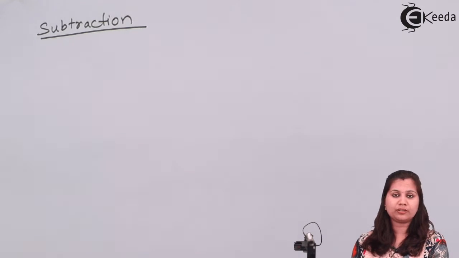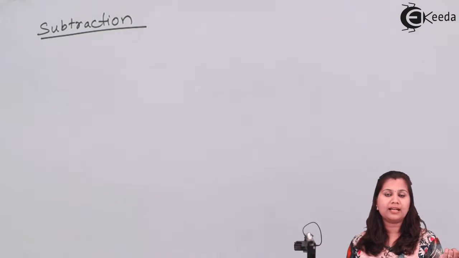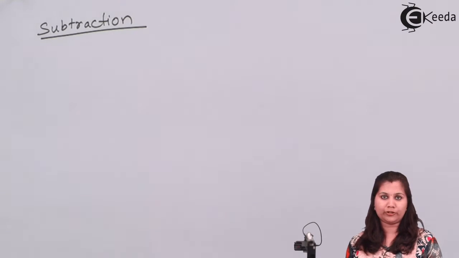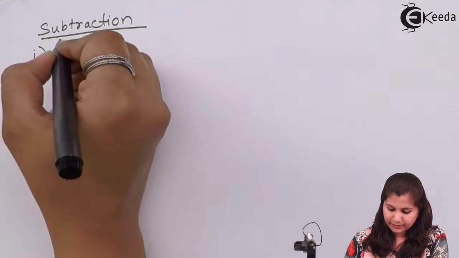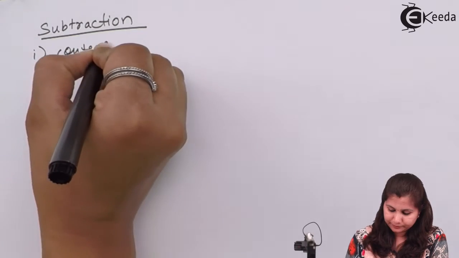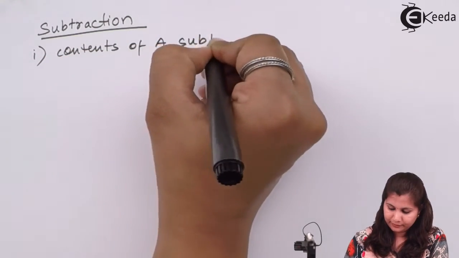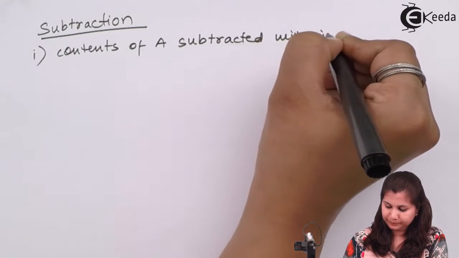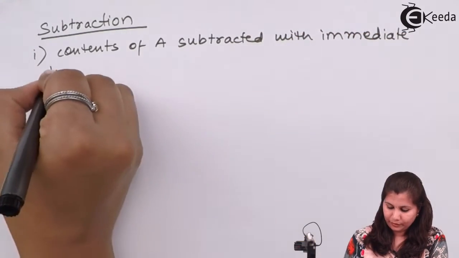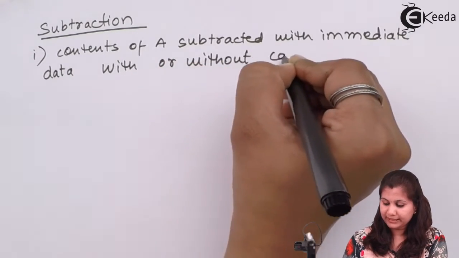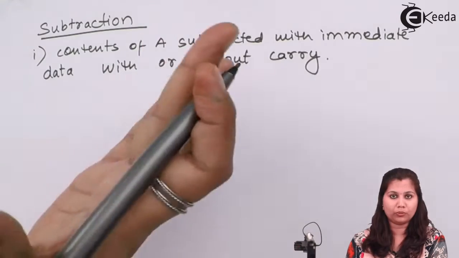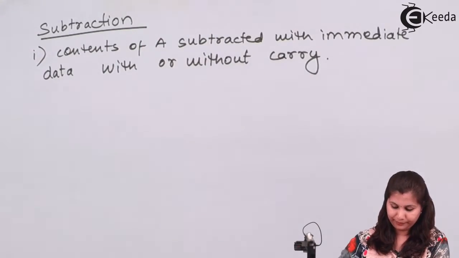Now in subtraction, one operand will be in the accumulator and another operand will be either an immediate data, or a register, or a memory location, just like the addition. First we will have contents of A. Again I am telling that carry flag is the borrow in the case of subtraction.